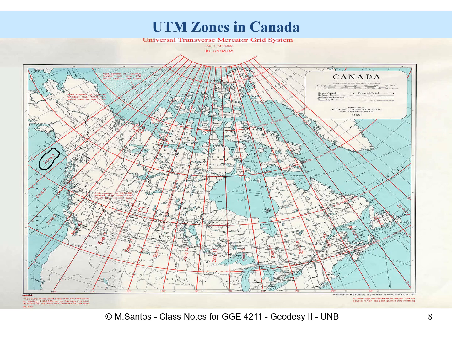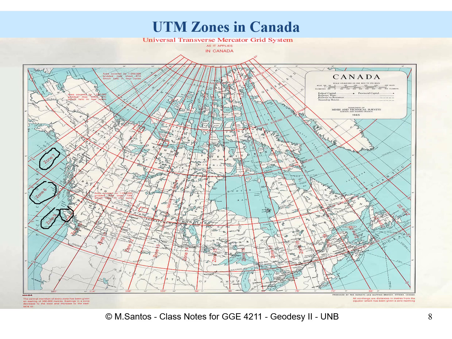Then we have the second zone, which is zone number 6, which covers Yukon and a bit of the Alaska Panhandle. Zone number 9 gets the northern part of Vancouver Island.